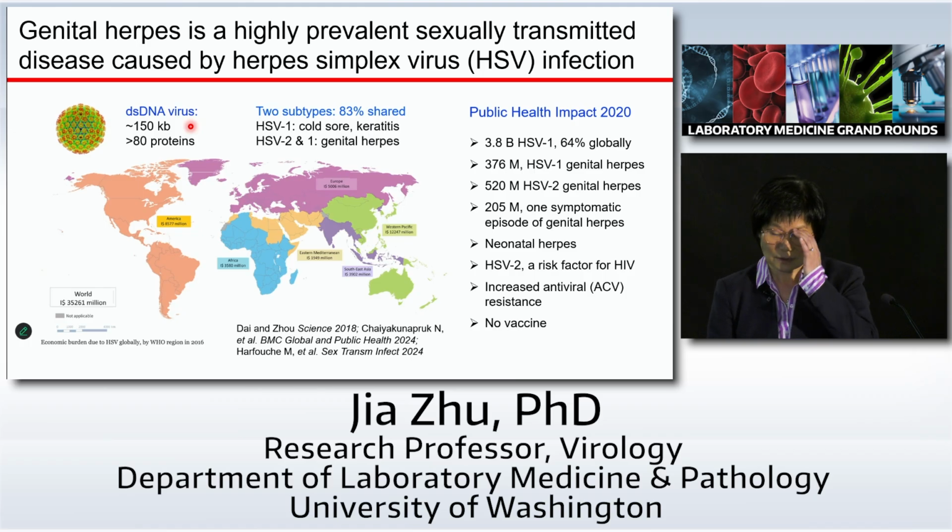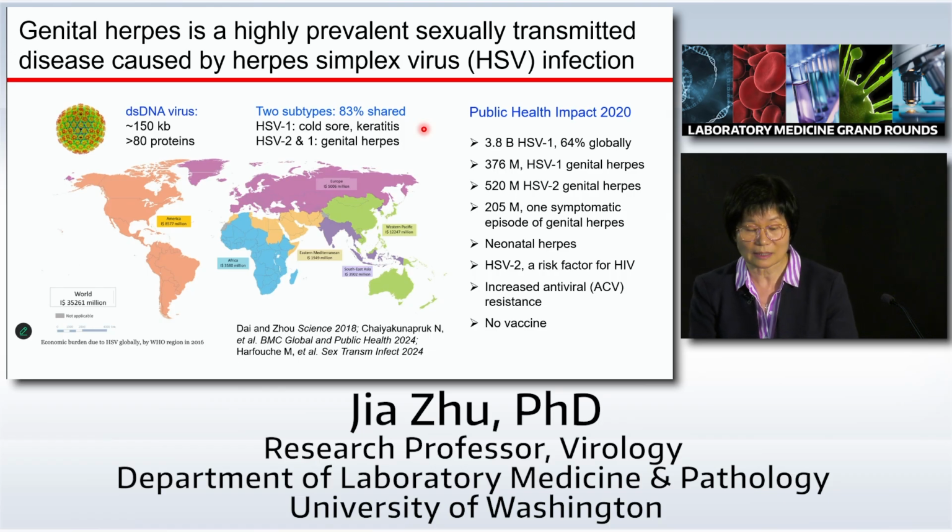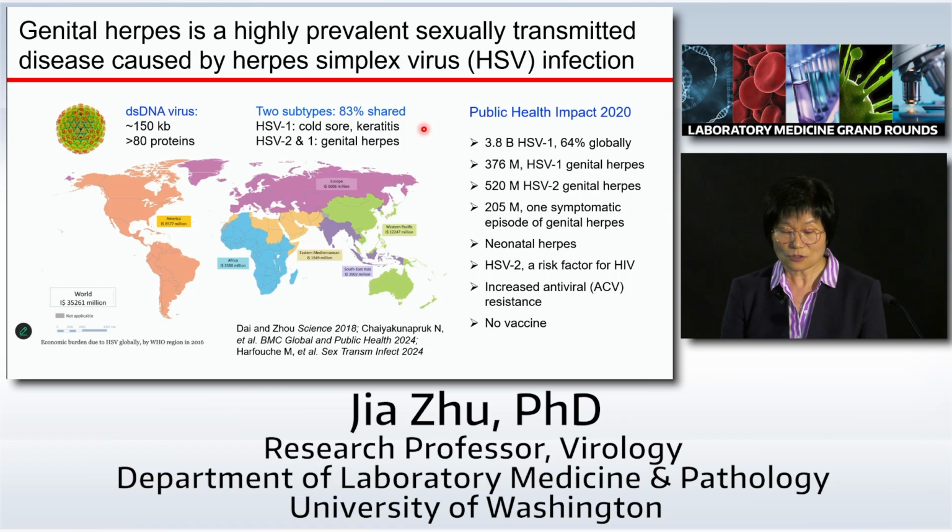While HSV1 is known for causing cold sores in oral mucosa and keratitis in eyes, HSV2 is credited for sexually transmitted genital herpes, but both HSV1 and HSV2 can cause genital herpes. This has a very substantial global economic burden and also a worldwide public health impact.